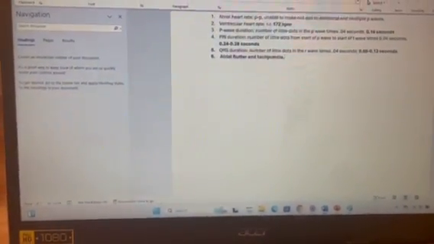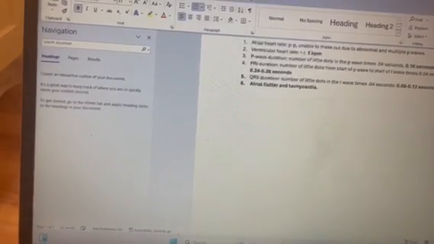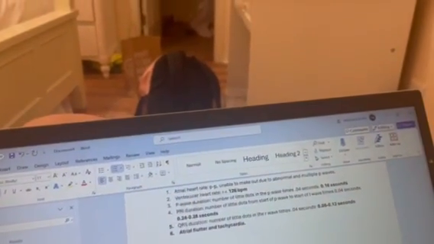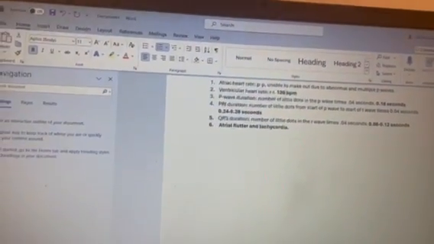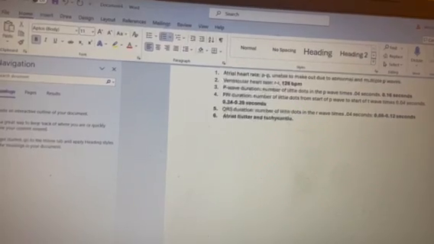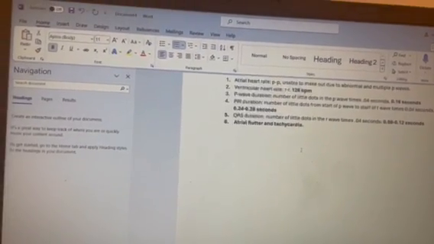There was a miscalculation. 126, okay. And that is a lot higher than normal. So we can put tachycardia, because a higher than normal heart rate is tachycardia.